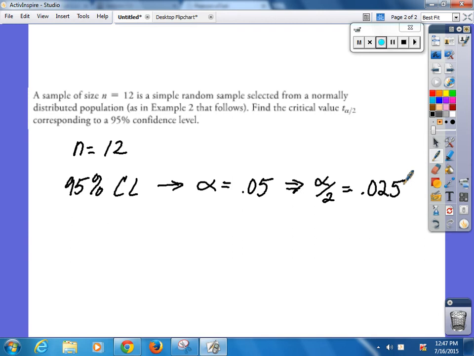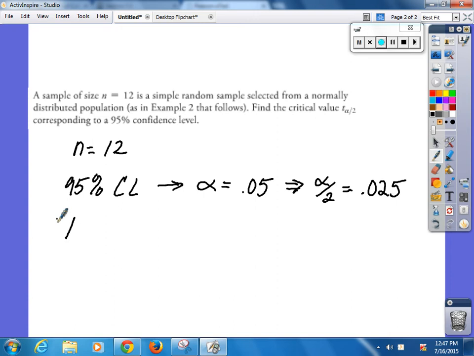Now you just have to look up your t-value for 0.025. Now how do you do that? Well, you look in your book, your A3 table, or, let me write this down. Where do you find your t-values?